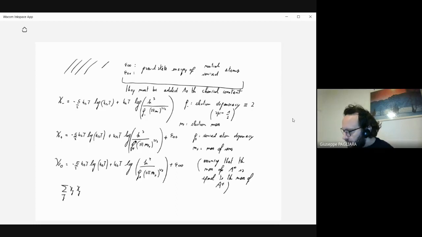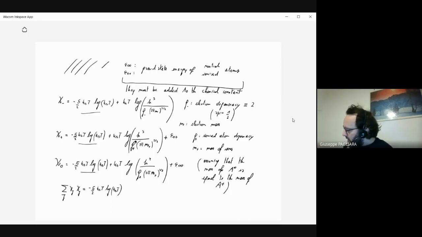Okay? And when you do that, you remember that nu1 is equal to 1, nu2 is equal to 1, nu3 is equal to minus 1. Then concerning this term here, only one of them will survive, and we will have minus 5 kBt log of kBt.